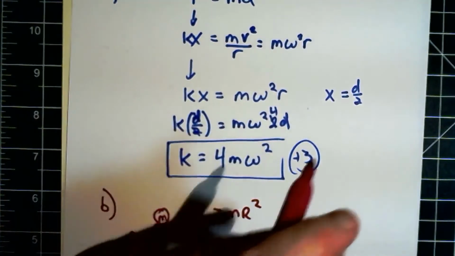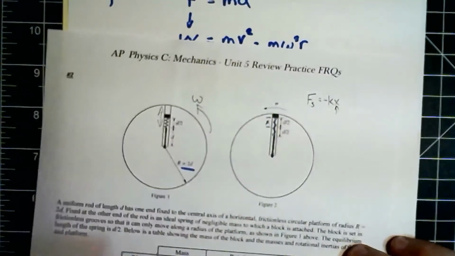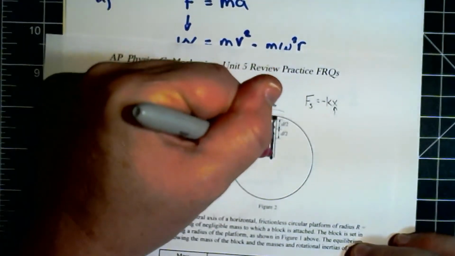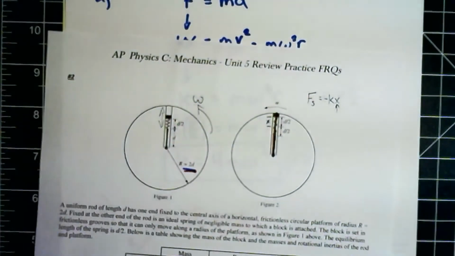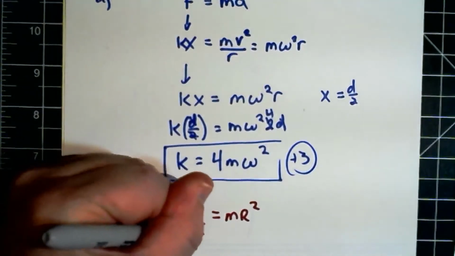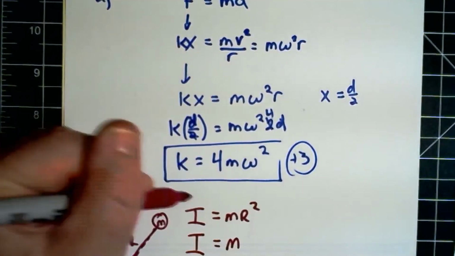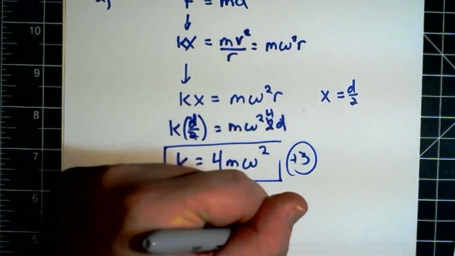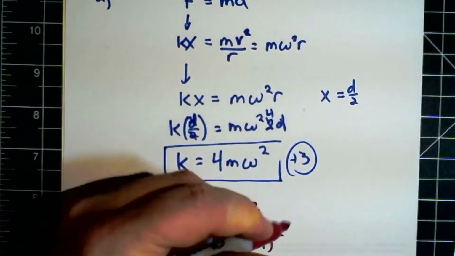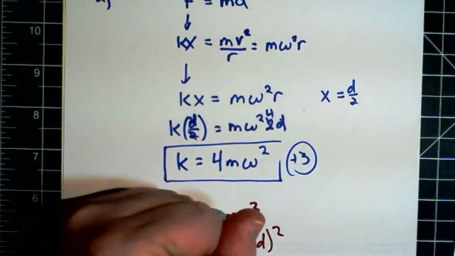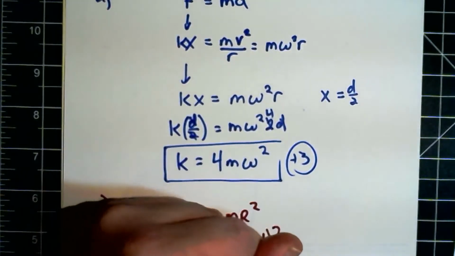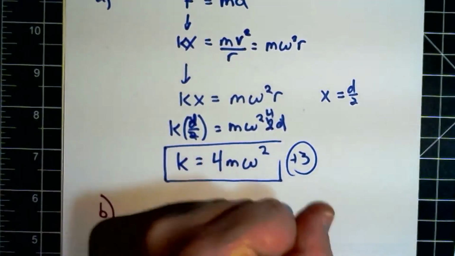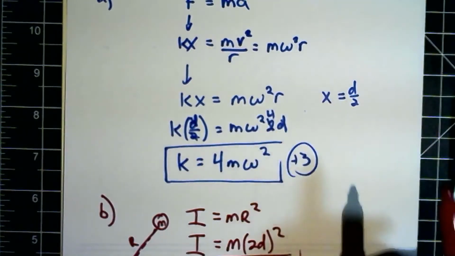In this case, the radius r is the distance away from the center, so once again, that's 2 times d. So for the block, we've got the mass of the block, which is a single m, times 2d squared. In terms of the variables that they're giving us, it's going to be 4md squared. That's the solution. That's worth 1 point.